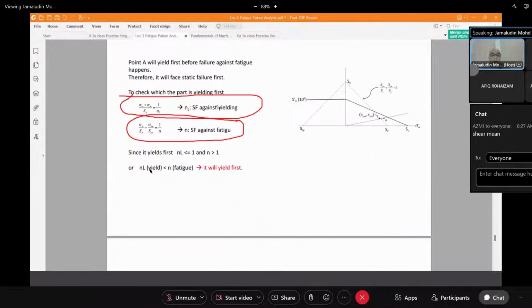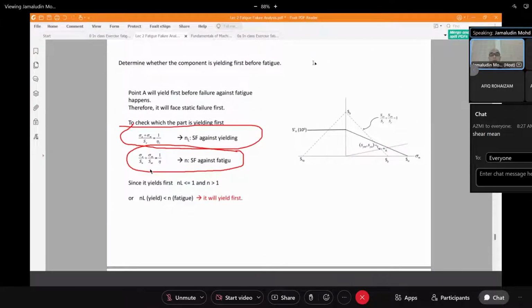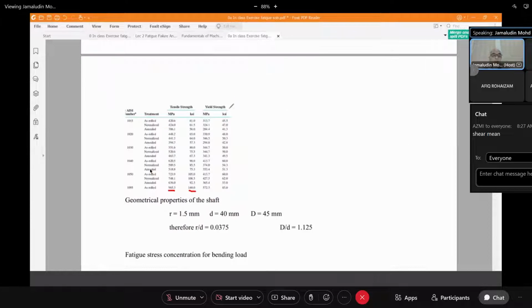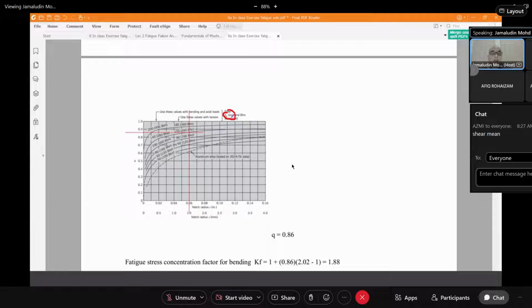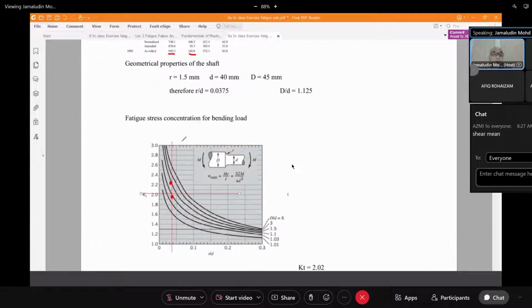We have 140, and remember this is in KSI when you refer to this one. 140 is perfect.